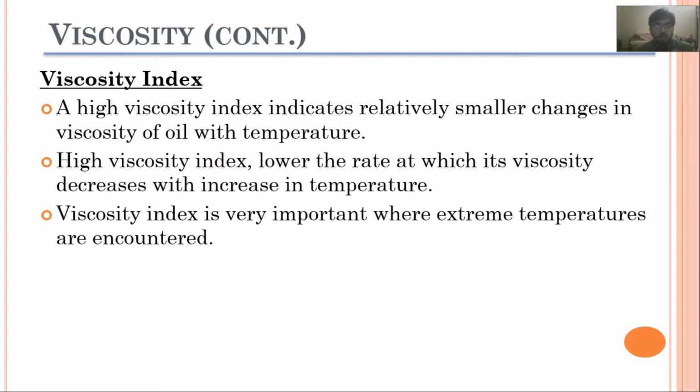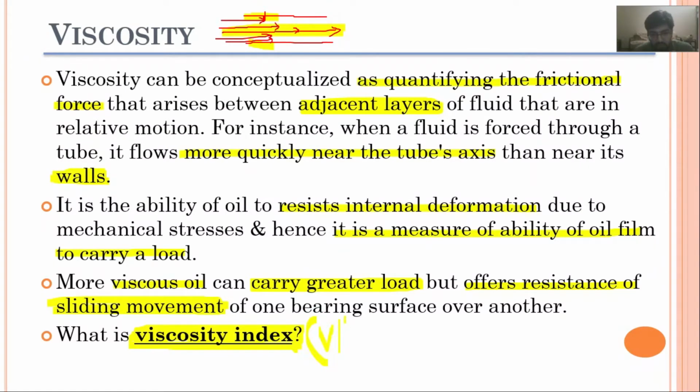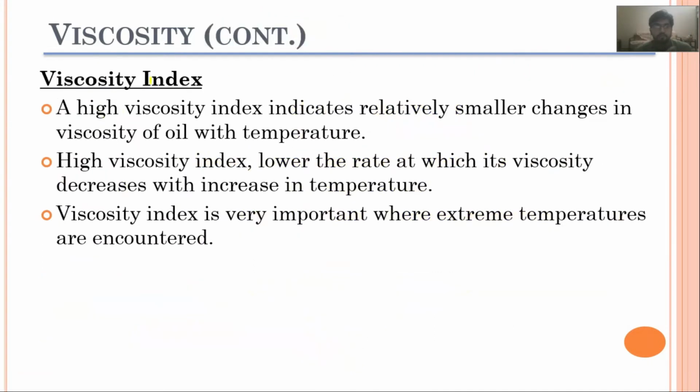Now viscosity index number is usually represented by VI. A higher viscosity index indicates relatively smaller changes in the viscosity of the oil with temperature change. It means that the change in viscosity is small if the VI number of a lubricant is high.